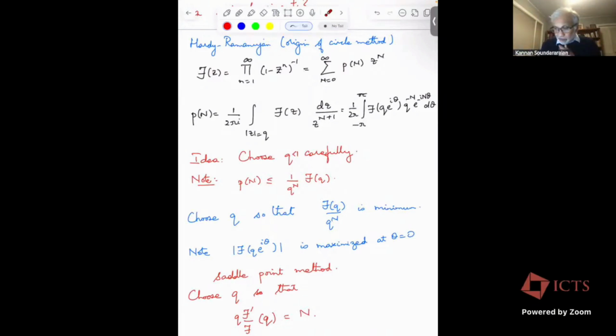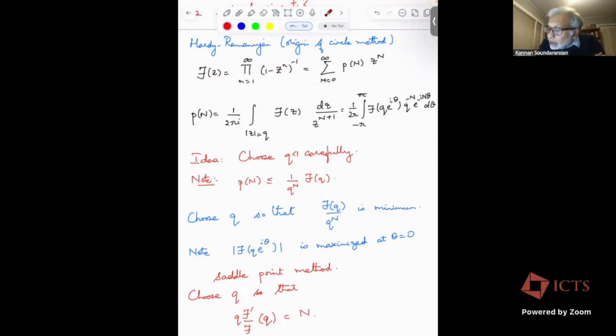So the generating function for partitions, as we've seen, is this product of (1 minus z to the n) inverse. And then you can recover the number of partitions of n by the Cauchy integral formula, which, if I reparameterize the circle in terms of polar coordinates, I can write as that integral.